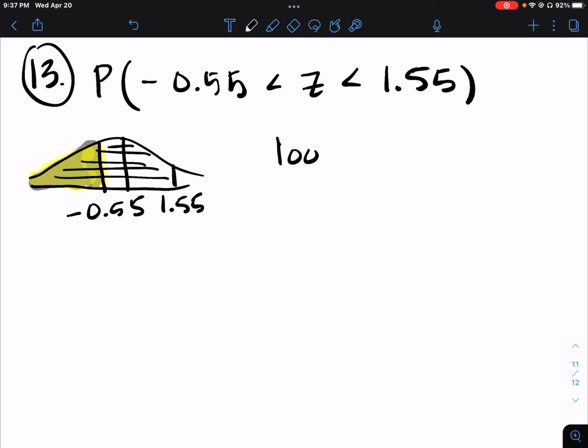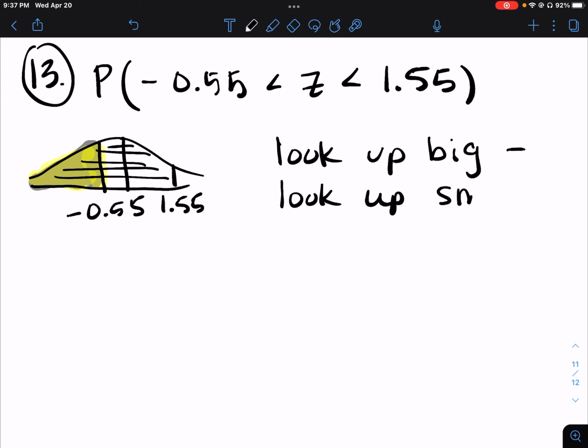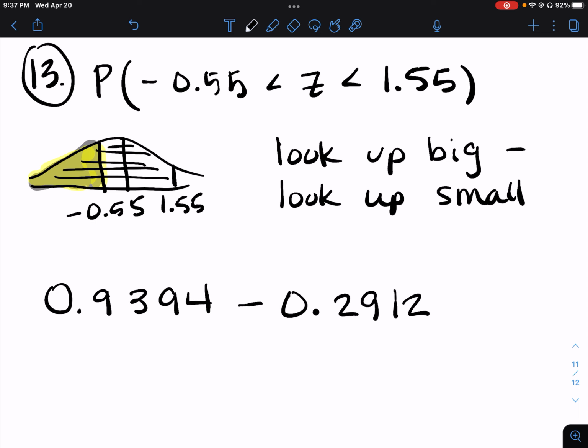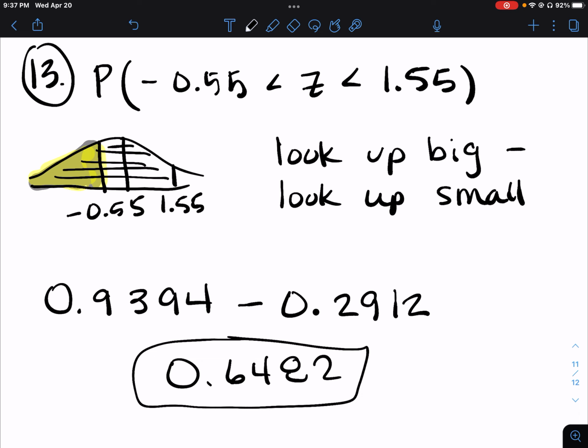So look up the big one minus look up the small one. So look up 1.55, subtract, look up negative 0.55, and the subtraction is your answer.